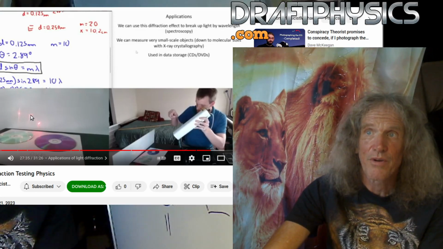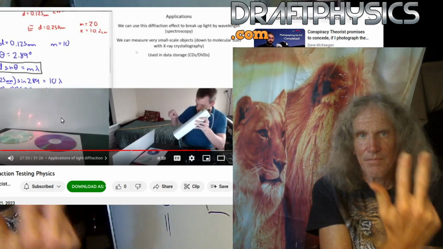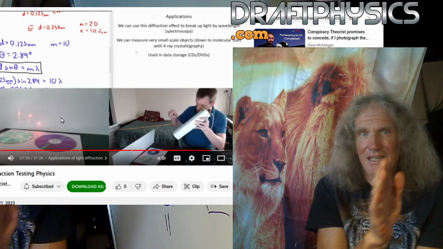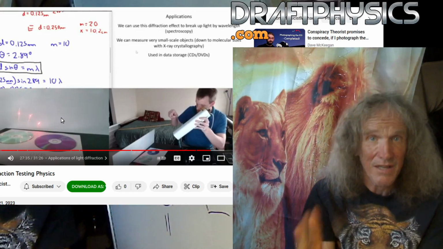And the only ones that remain are where they're all in phase, so that is where, as in the double slit experiment, each little slit is sending light to the same location. That's where you have a bright spot, where they're all in phase.